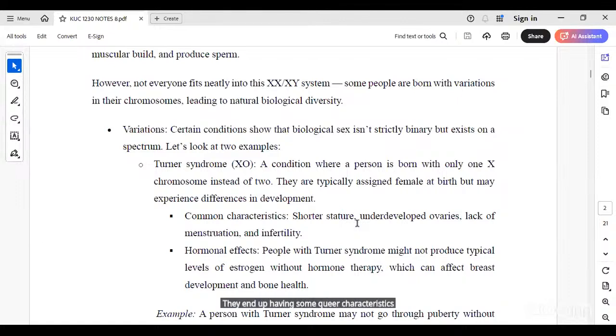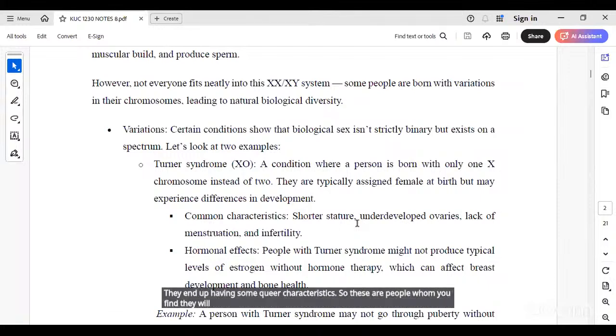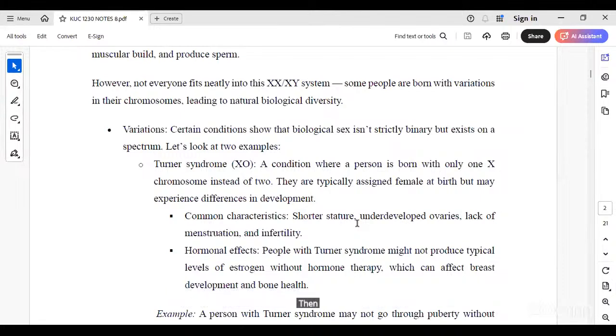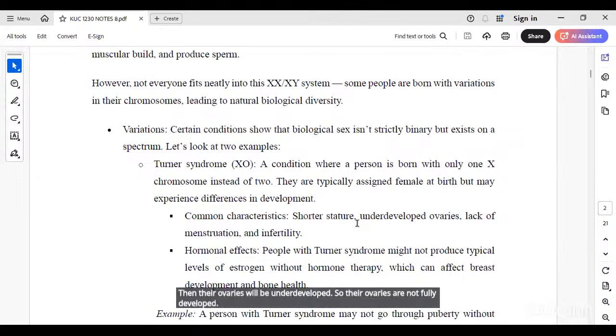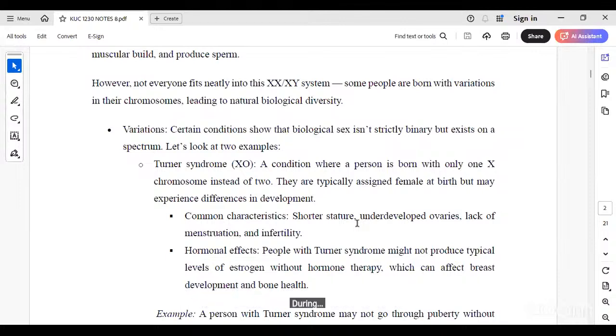So these are people whom you find they will be females at birth. They might have some shorter stature, wanakuwa wafupi kiasi. Then their ovaries will be underdeveloped. So their ovaries are not fully developed. By the time they get to maturity, they might not even have or experience menstruation.